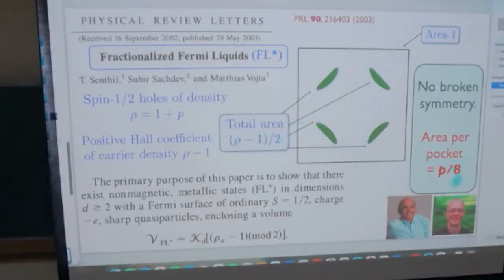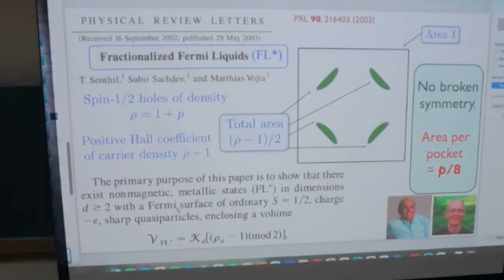So each pocket should have area P over 8, as I mentioned earlier. So these were states we found in certain models involving spin liquids, and we've been working intensively on this since then. And there are very different ways of now understanding and even writing down a wave function for this state.